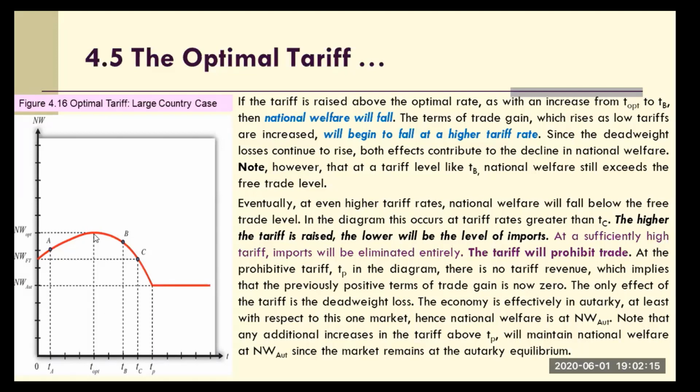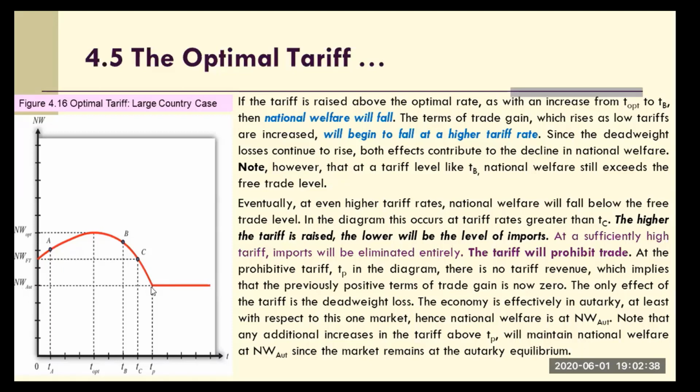At T optimal, it is the optimum level. To TB, it is declining, but still above free trade national welfare. At TC, it becomes again equal to national welfare at free trade. After that, it declines to the autarky level.